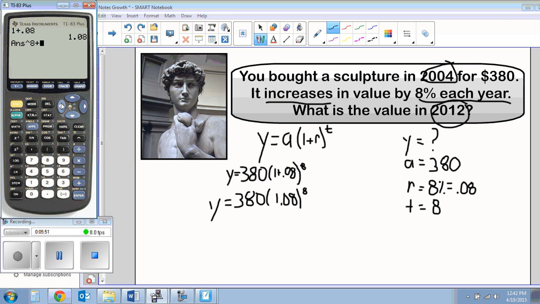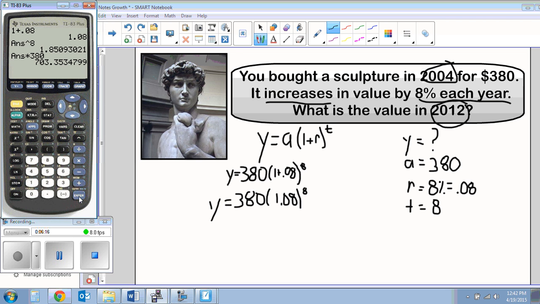I get 1.85093021, which is a really long, crazy number. And I want my answer to be exact, so I'm going to leave that right there, and I'm going to multiply this by 380. And I get 703.3534799. And this is money.